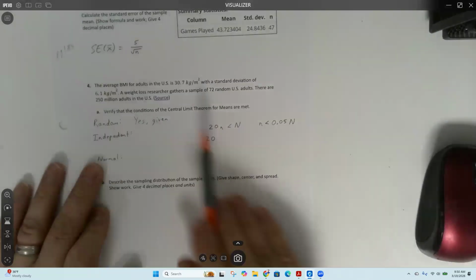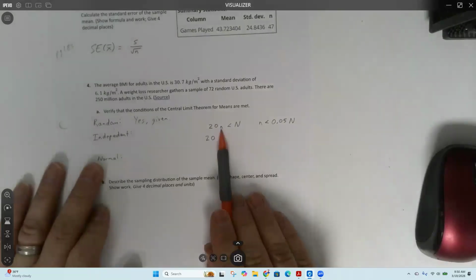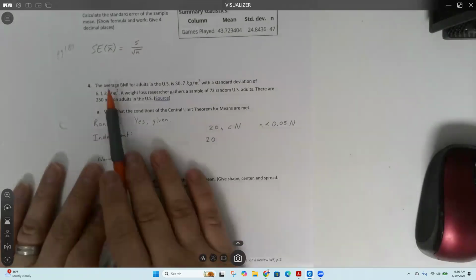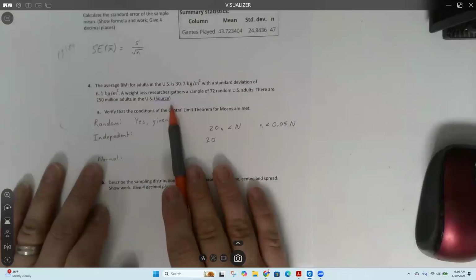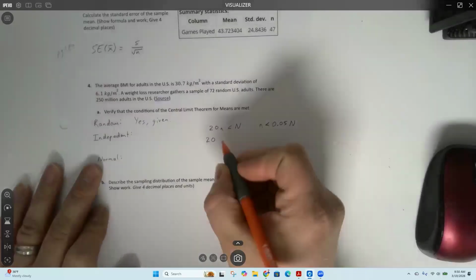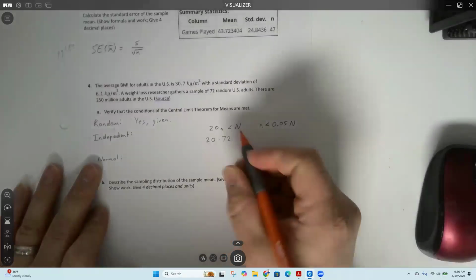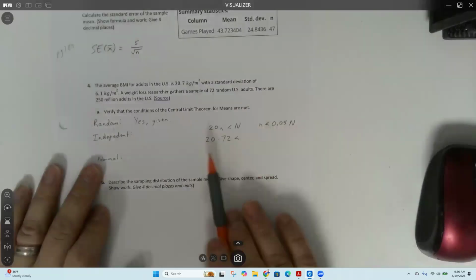So for our case, for question number 4, what is lowercase n? What was the sample size? Read through question 1. Yeah, Yvette's got it. 72. Okay.